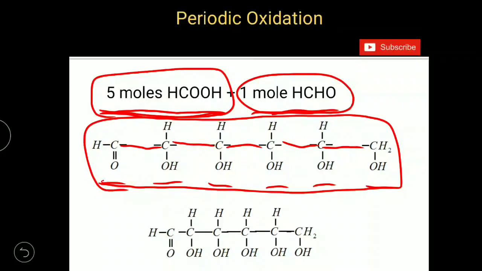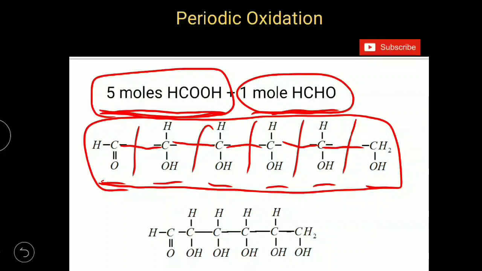And here you may get some questions like how many moles of periodic acid are required to get 5 moles of formic acid and 1 mole of formaldehyde. Then you need to see how many bond cleavages are required to get this. 1, 2, 3, 4, 5. 5 bond cleavages are required.